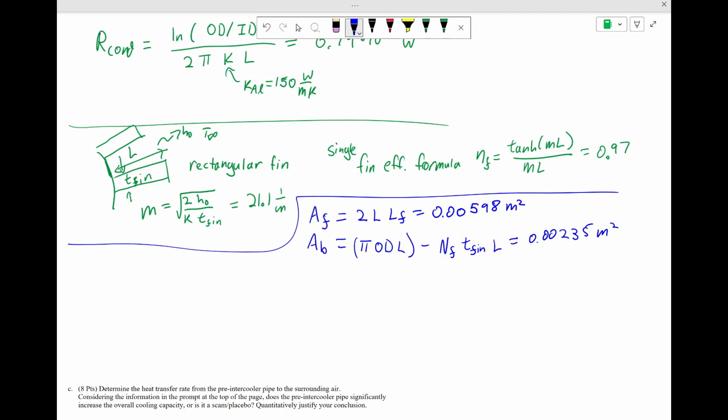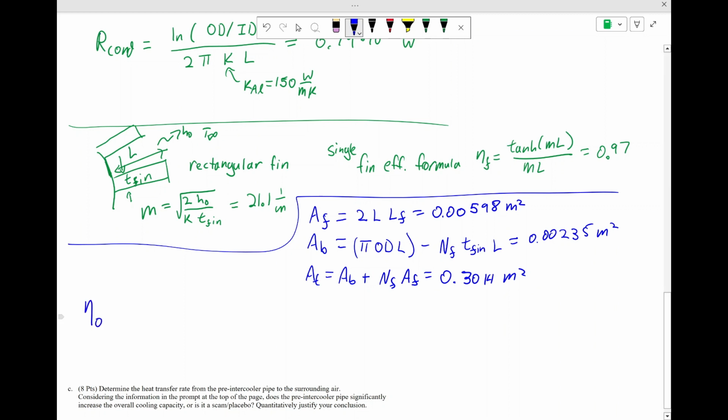And from there we can calculate also the total area, which is just AB plus the number of fins times the area of the fin, so that comes out to 0.3014 meters squared. So now we can plug this in for the correction formula that gives us the overall efficiency for the surface, including both the fins and the bare exposed tube area.